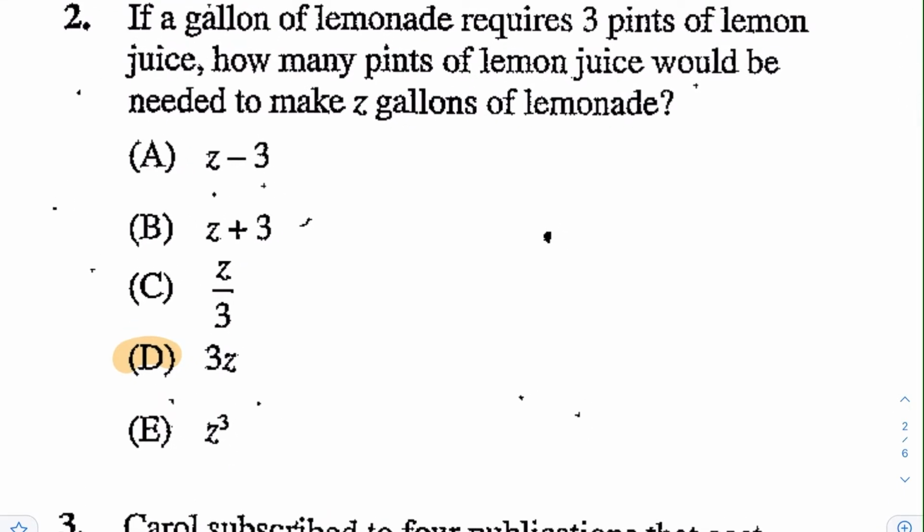Next, for number 2, if a gallon of lemonade requires 3 pints of lemon juice, then how many pints of lemon juice would be needed to make z gallons of lemonade? So here you have your proportional rate. 1 gallon of lemonade will require 3 pints of lemon juice.